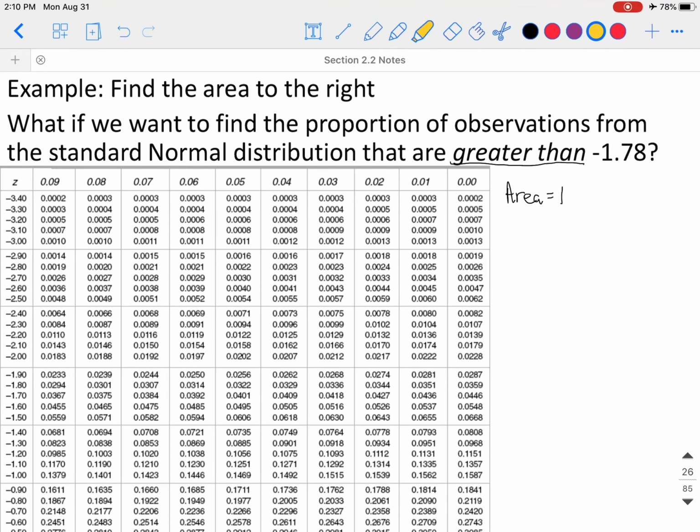So we're going to go to negative 1.7. We're going to find that row. And it's negative 1.78, so we're going to find the 0.08. We're going to go down that column. Where those two intersect is going to tell us the area. But remember, that's always the area to the left.